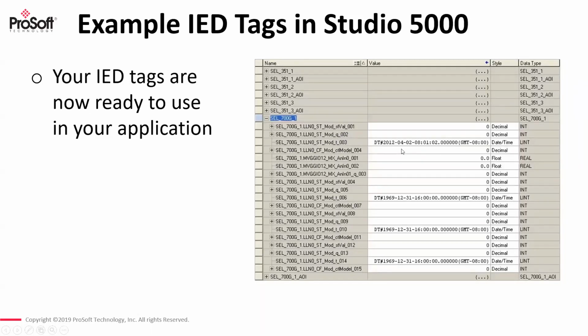What we do is bring the timestamp value that comes directly from the relay and pass it into the ControlLogix processor. We display that as a LINT data format in the ControlLogix processor, passing that timestamp value from the relay over the other network. So yes, you can get the timestamp directly in the data object.